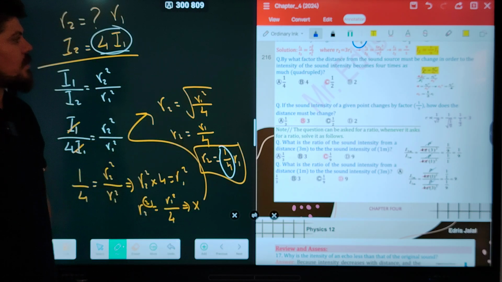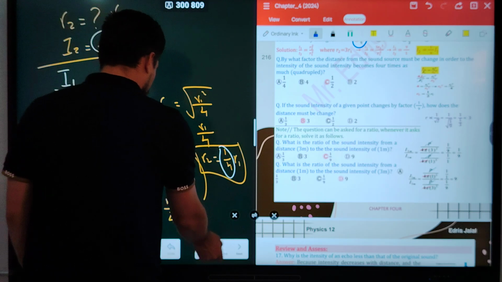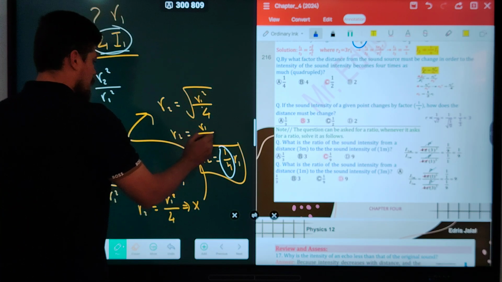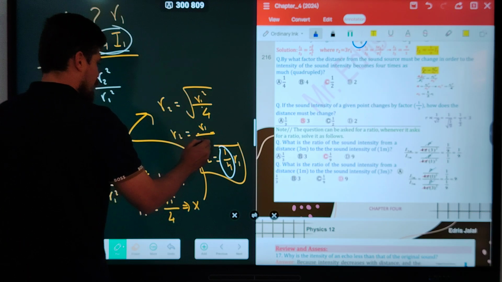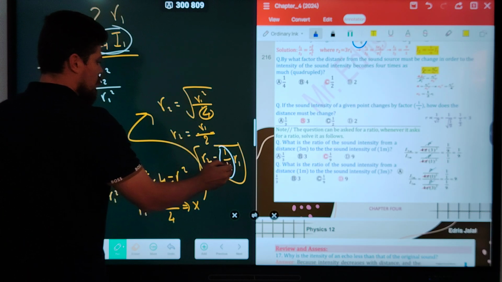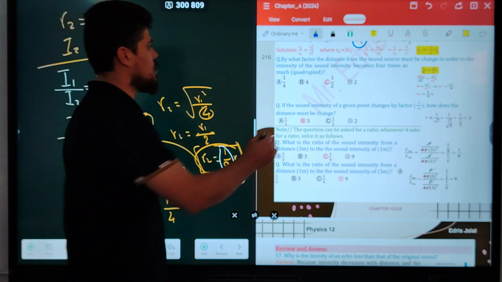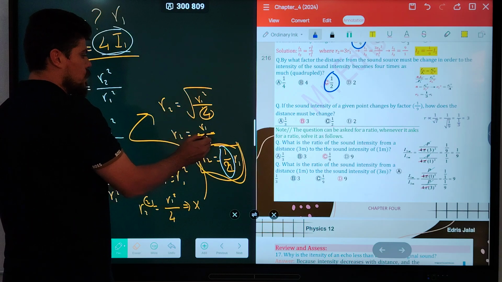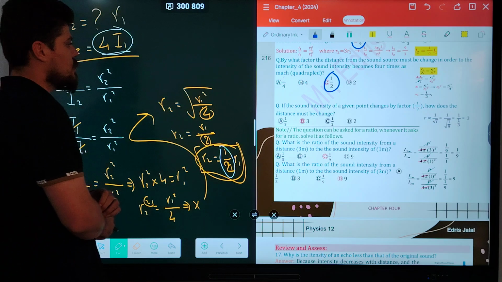Sorry, radical 4 is 2, not 4. R2 changes by factor 1 over 2, because radical 4 is 2, not 4. We have to take the radical of the 4 under the radical, so radical 4 is equal to 2.